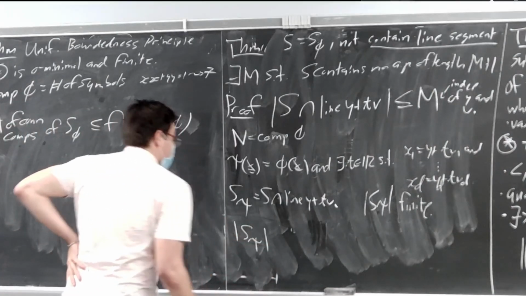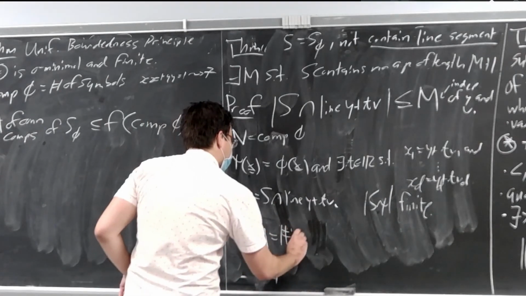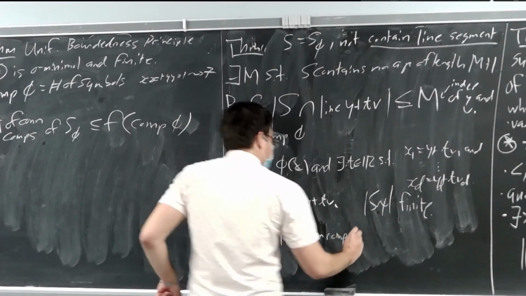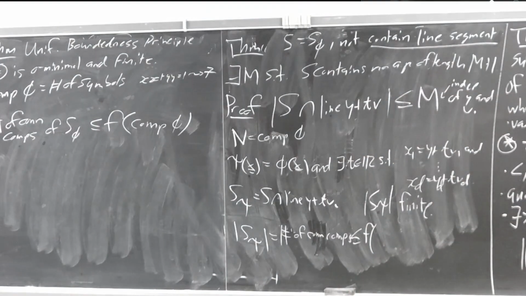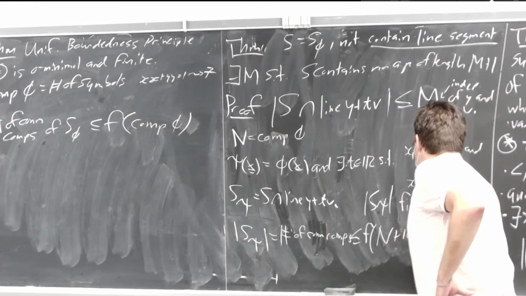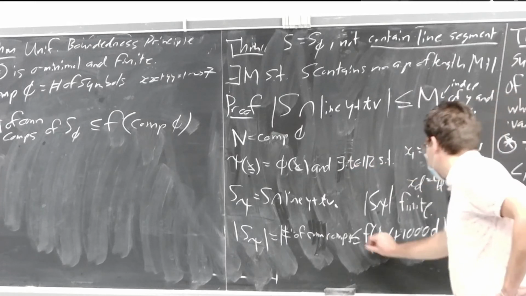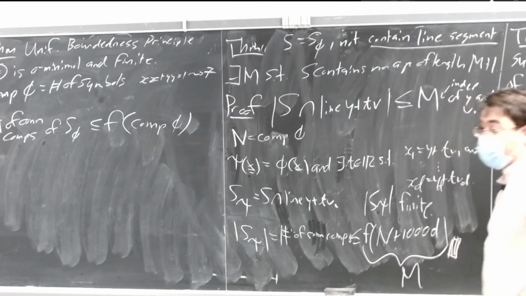So its size, i.e. the number of connected components, is bounded above by f of the complexity. How complex is this formula? I don't know, n plus 1000d. That should do it. I probably didn't write down 1000d symbols. Call this m, and that's the end of my talk.